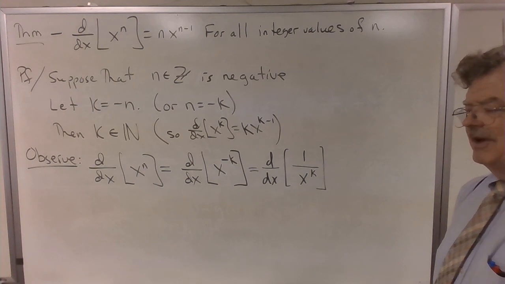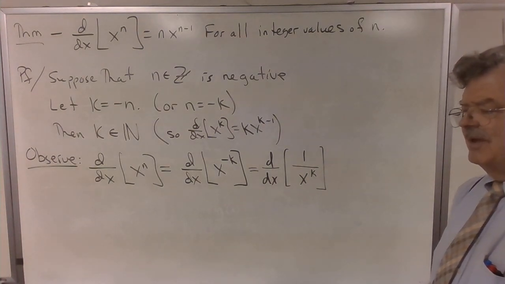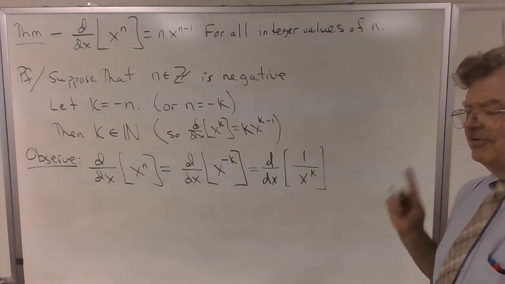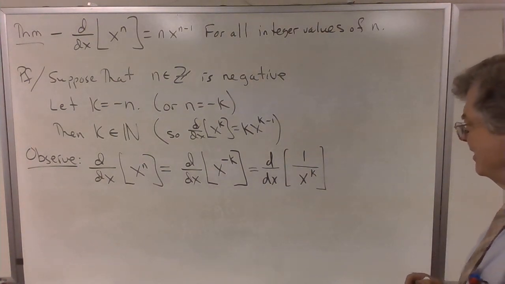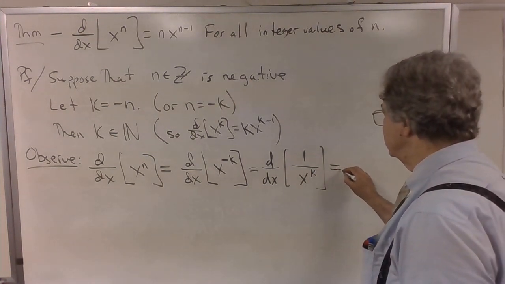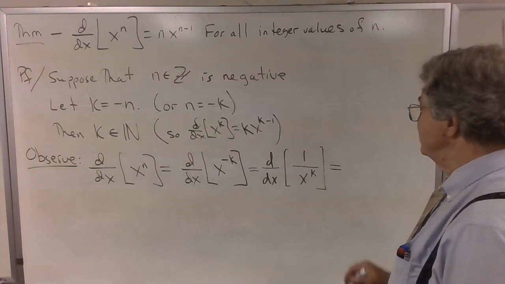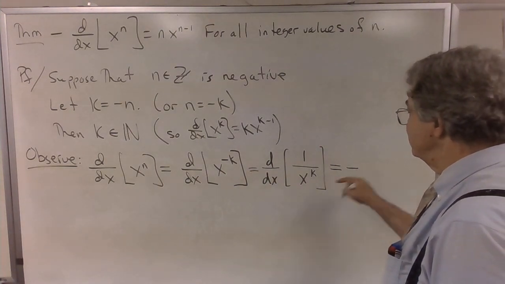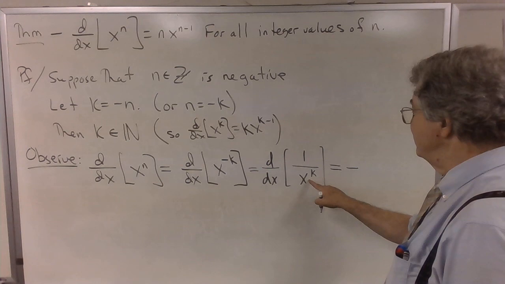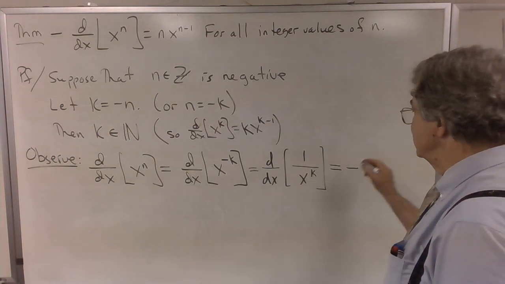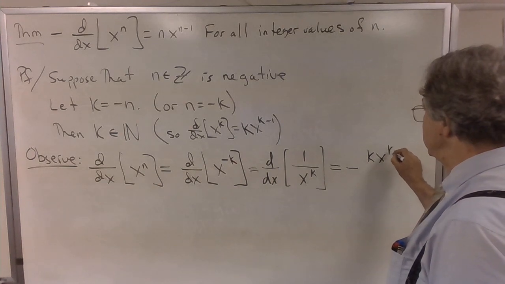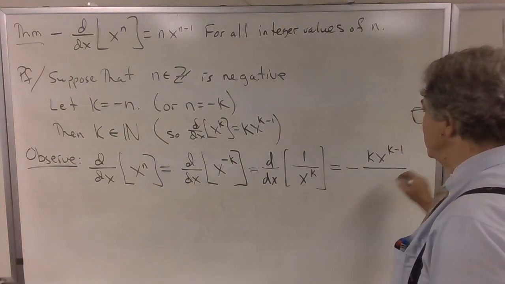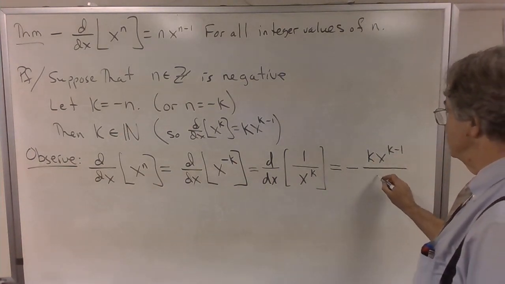Well, I guess I lied a few minutes ago. Maybe just this once we'll use the reciprocal rule again. And we're going to have negative the derivative of the bottom, which is k x to the k minus 1, all over the bottom squared.